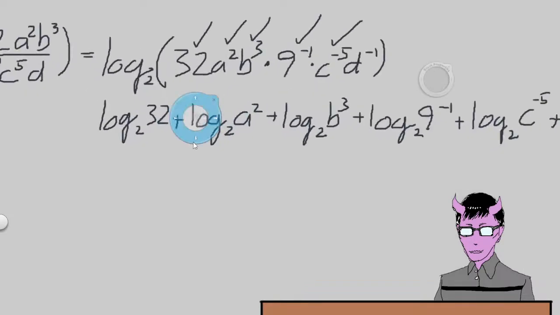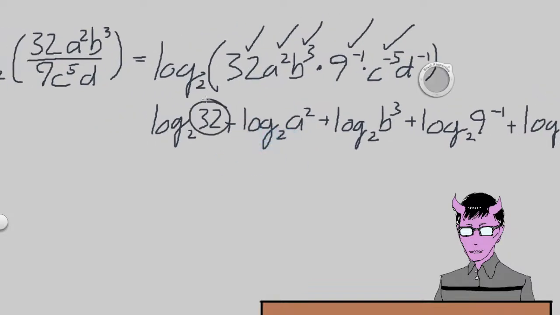Now we just need to start slam dunking down those exponents. But bear in mind that we do have 32. That's simply 4 times 8, which is just 2 times 2 times 2 times 2 times 2. So 2 to the power of 5 is the factored form of 32.